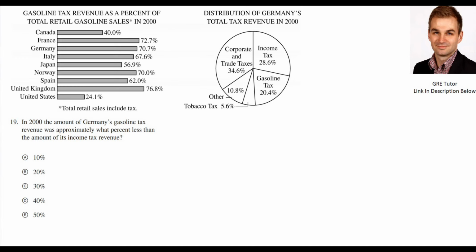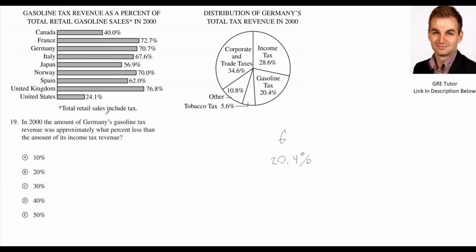Let's start by finding out what we're looking for. First, we want to know the amount of Germany's gasoline tax revenue. The distribution of the revenue is given over here, and we're talking about Germany, the right chart. So the amount of Germany's gasoline tax revenue right here is 20.4% of their total tax revenue.